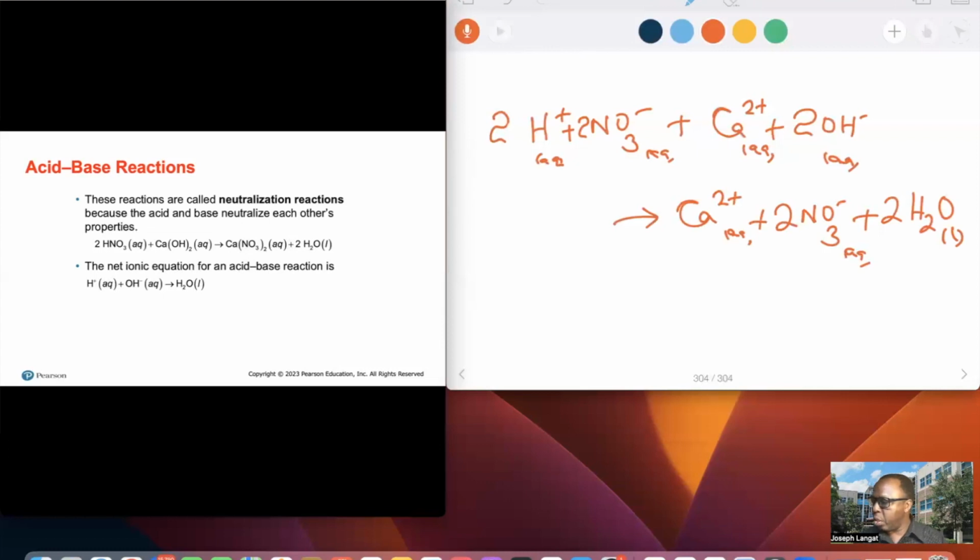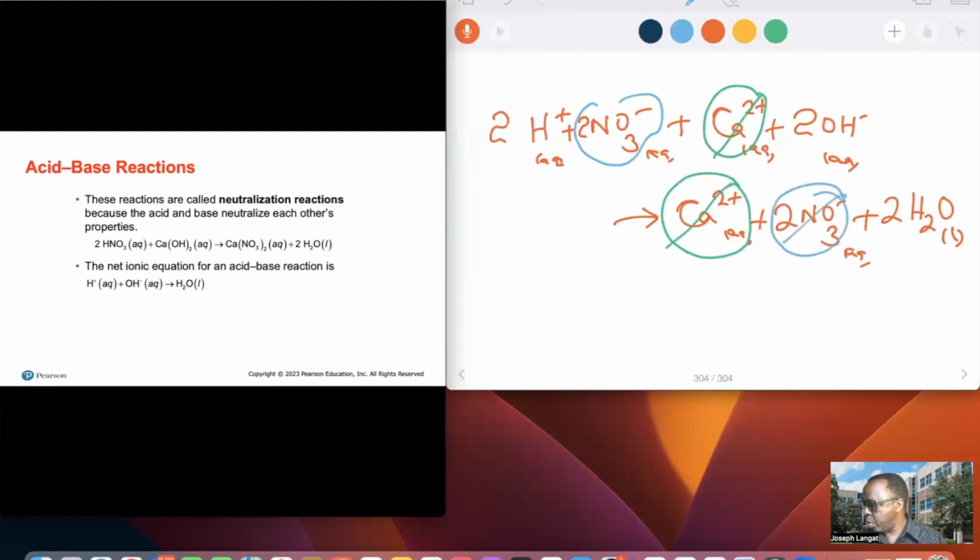So if I cancel out the spectator ions, I'll see that calcium on the product side and the reactant side will go away. Next is the nitrate. If you look at the nitrate here and the nitrate here, they look exactly the same. So I'm going to cancel that. I'm going to cancel that.